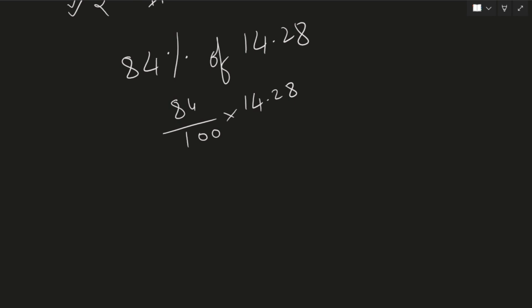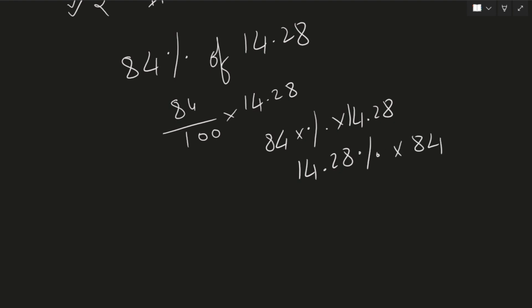In order to make it easier, the other method we can use is we can rewrite the question as 84 into percent into 14.28. This again we can rewrite it as 14.28 into percent into 84.